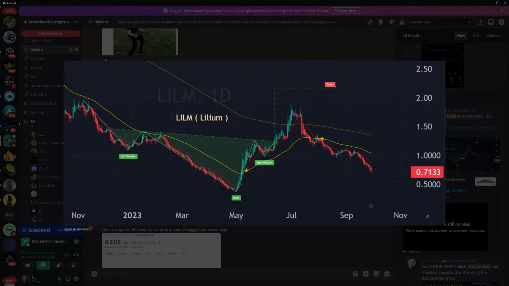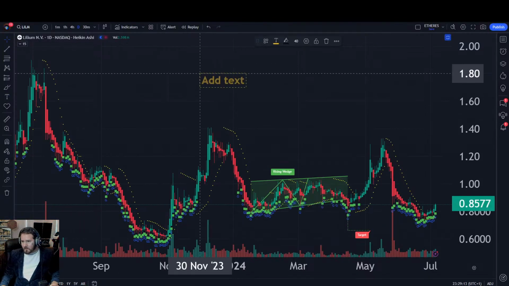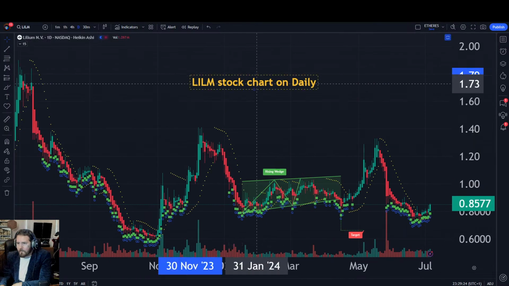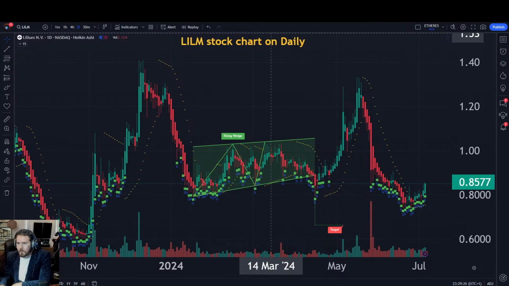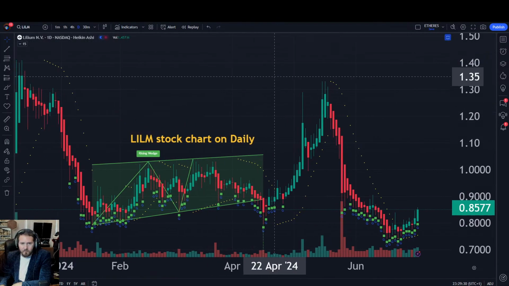Oh, great. Lilium's perfect. This is a perfect chart because it also has a failed rising wedge. So look at Lilium right here. We're going to go with that rising wedge that failed real quick.